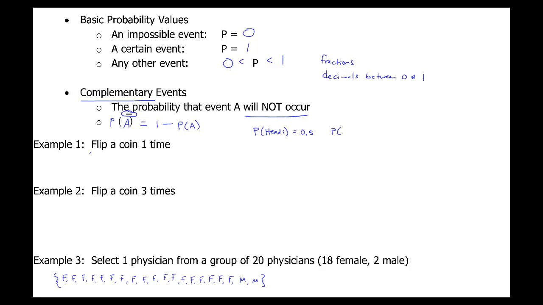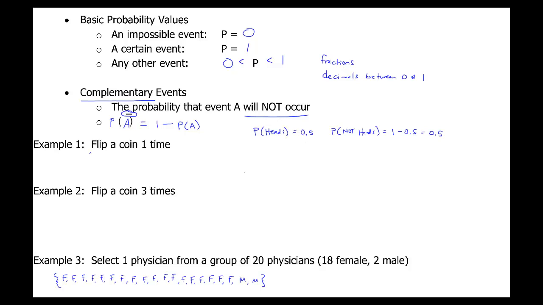The probability of not heads is 1 minus 0.5, which is 0.5. So that seems like a simple example, and it is, but we'll get to some a little bit more complicated ones later, where the complementary event rule will come in handy.